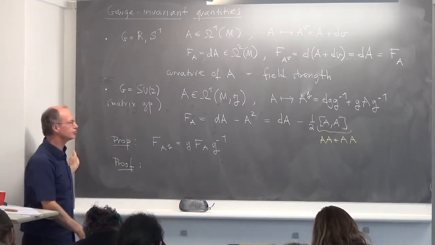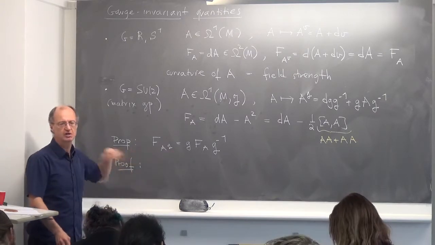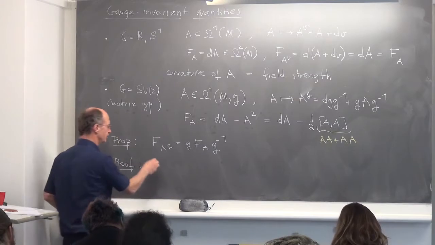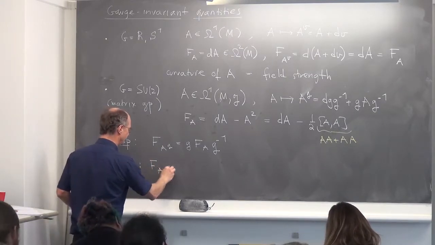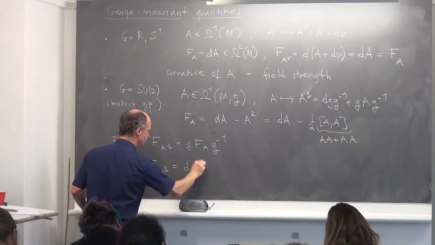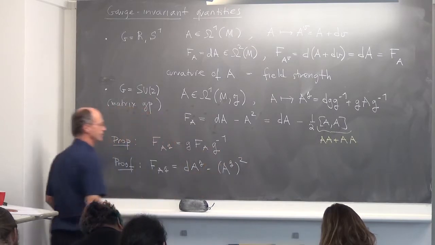Even though probably most of you know it, let me just make a one-line calculation to prove it, just for you to see again how those calculations work. So F of A^g is d of A^g minus (A^g) squared.